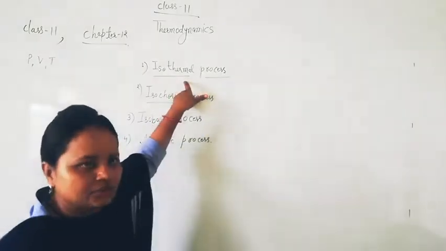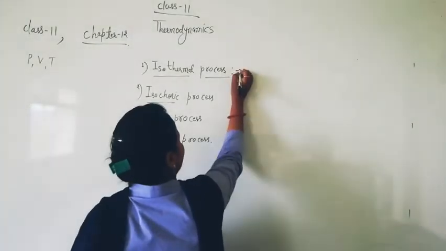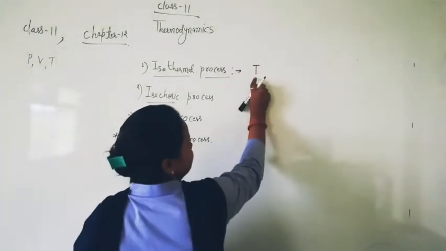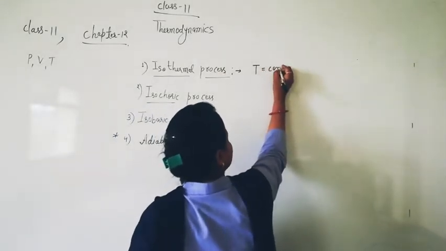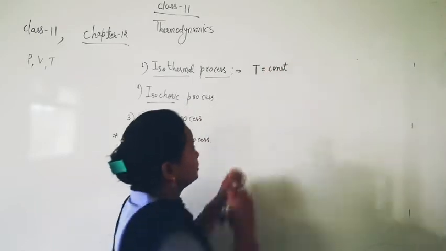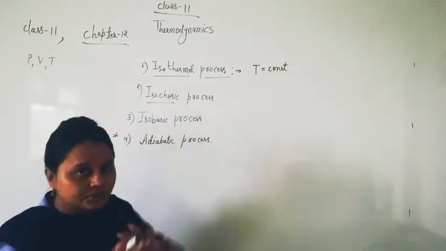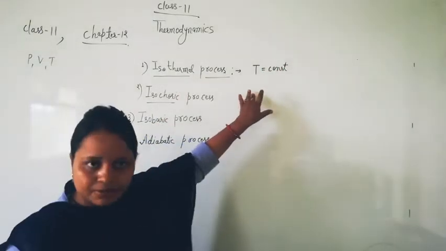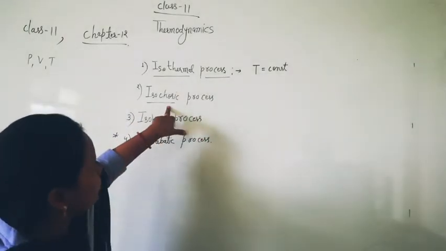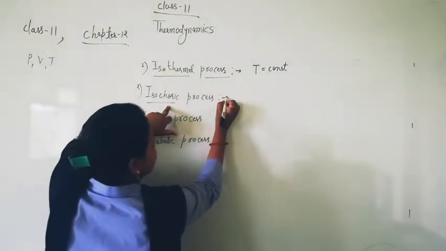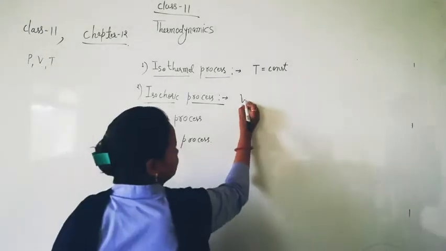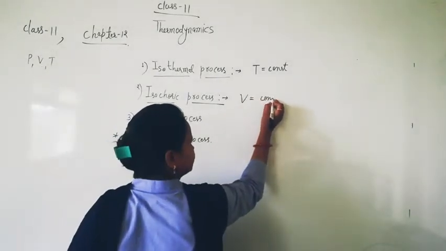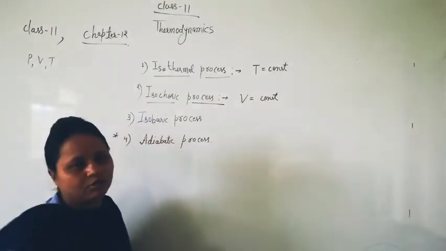First, in the isothermal process, we have only one state variable at constant: temperature is constant. The temperature variation is not observed in the isothermal process. And the next is isochoric. In the isochoric process, we have the volume state variable as a constant, with no variation in volume.